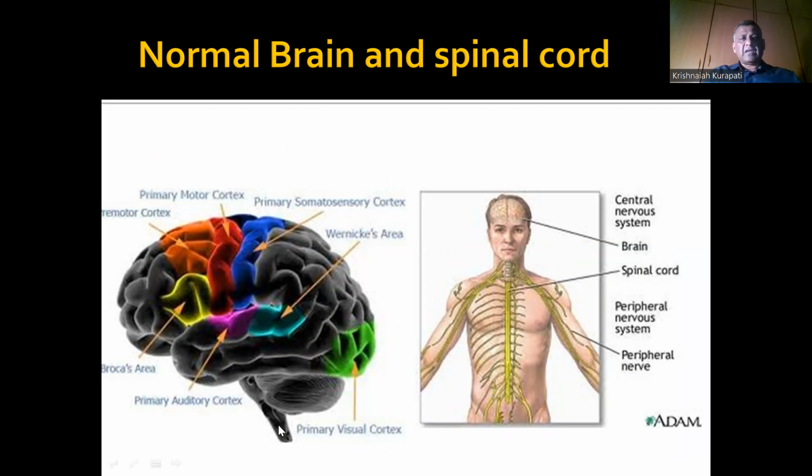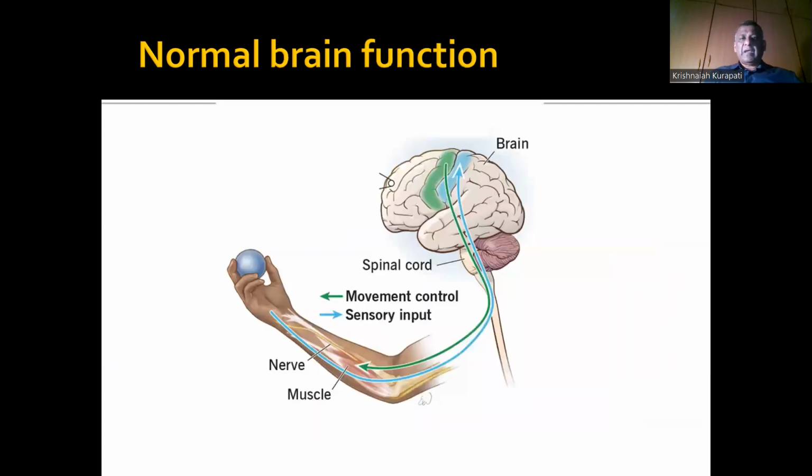In that orange area is the part of the brain that controls muscles in the body. Those signals come through the spinal cord via various nerves to the muscles, and therefore the muscles are told to do particular tasks in a coordinated way.